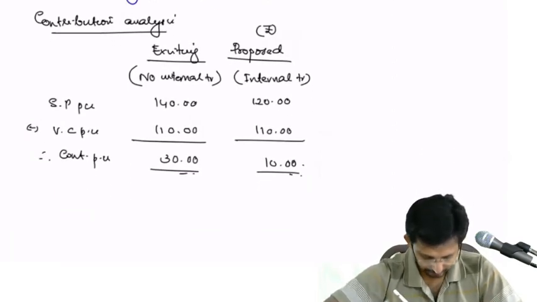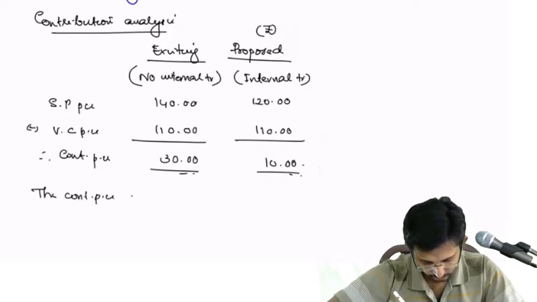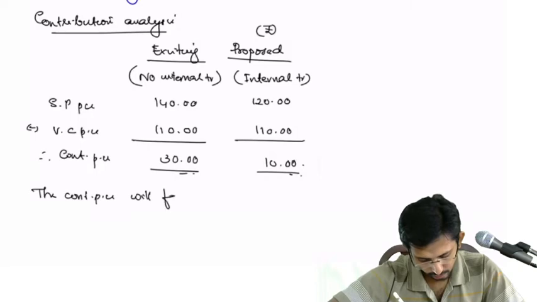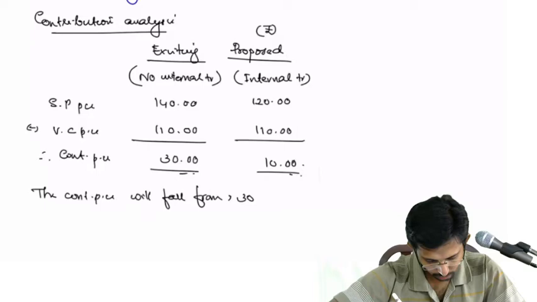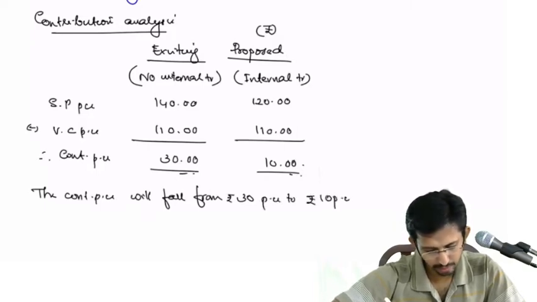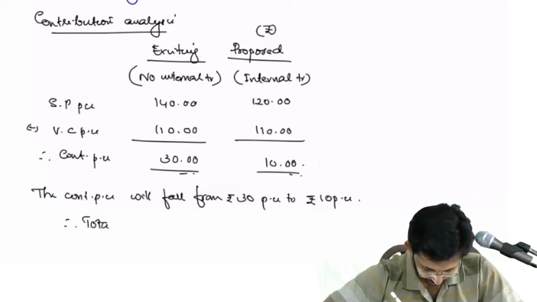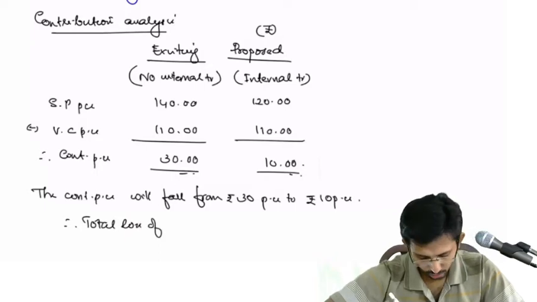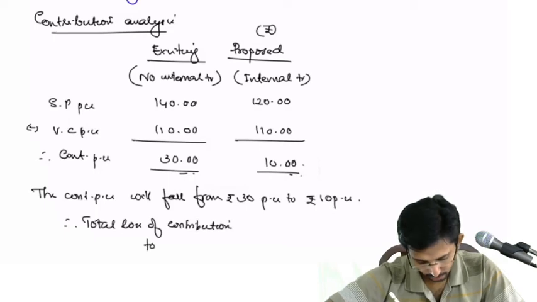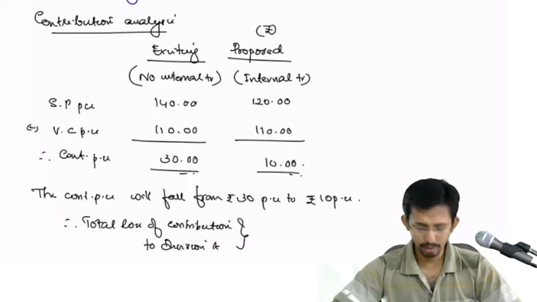So you can say that the contribution per unit will fall from rupees 30 per unit to rupees 10 per unit. Therefore, total loss of contribution to division A. How much will be the total loss of contribution?